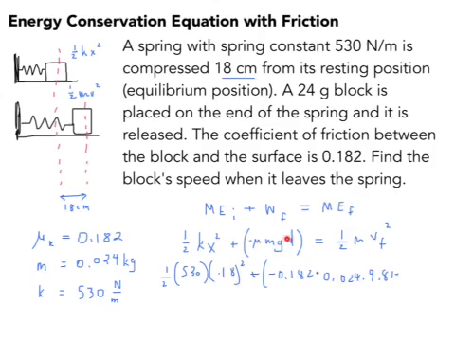Well, the distance here is 0.18 meters, because friction pulls it as it moves 0.18 meters back to the resting position, or the equilibrium position. So this is 0.18. And these dots are all times, multiply by, multiply by, multiply by. Okay, all of that, and I'm out of room again, as always, is equal to 1/2 m. The mass is 0.024 times v squared.